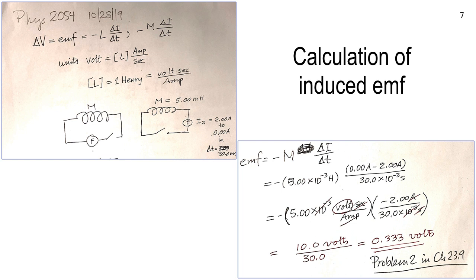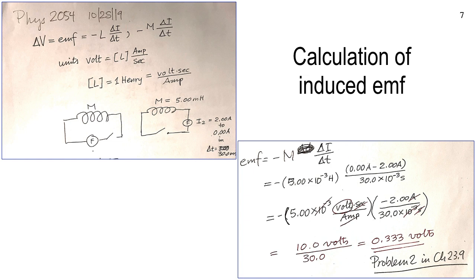Okay, and this one is connected to a fluke. And let's say that M is equal to 5.00 millihenries, little m subscript h.